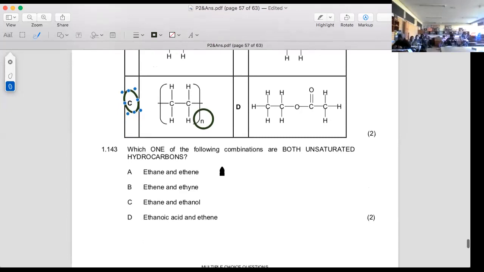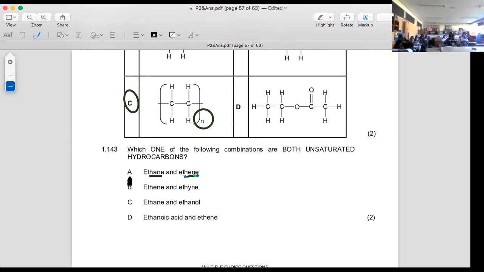Fantastic. Okay, which are both unsaturated hydrocarbons? Okay, is ethane unsaturated? No. Ethene is unsaturated. Okay, so is the answer A?